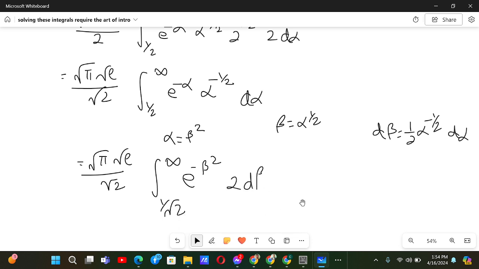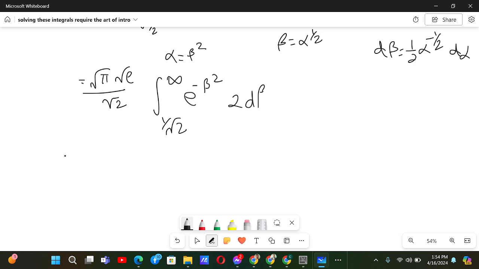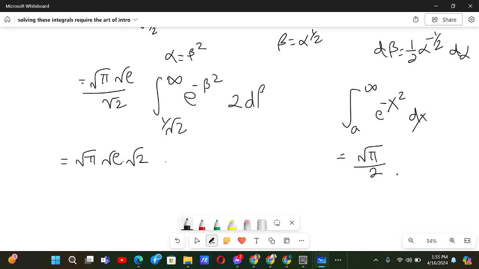So we have root pi root e times, this is root 2, and the 2 comes outside, and now this is actually the complementary error function. We know that integral from a to infinity of e to the power minus x square dx is just root pi by 2 times the complementary error function of a.